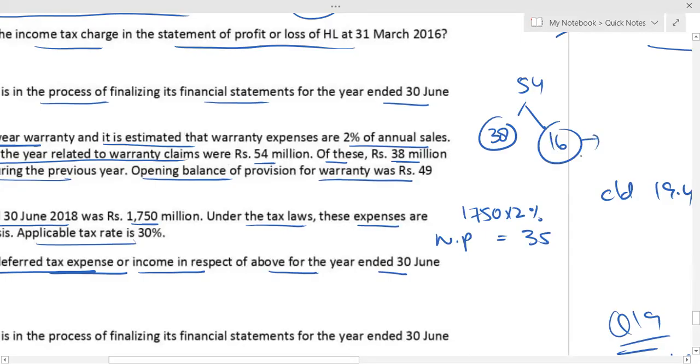So 16 belongs to the current year. Current year total provision is 35. Out of 35, 16 we have paid. So the closing provision is 19. Repeat. Current year sale multiplied by 2% gives you the warranty provision of 35. But out of this 35, we have paid 16. So logically, the closing warranty provision is 19.